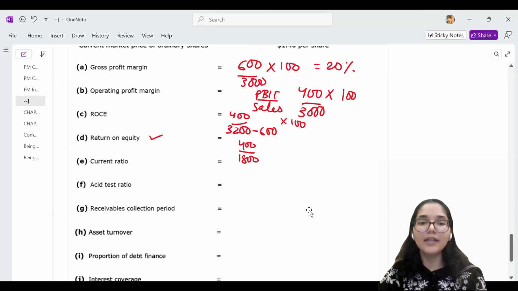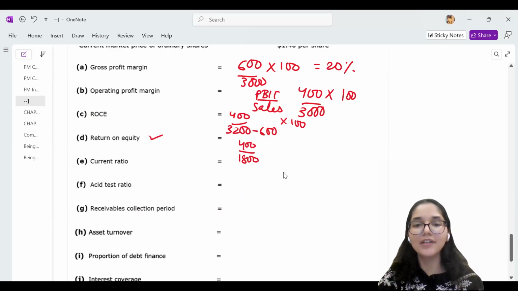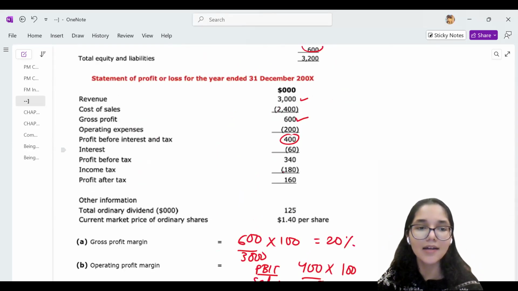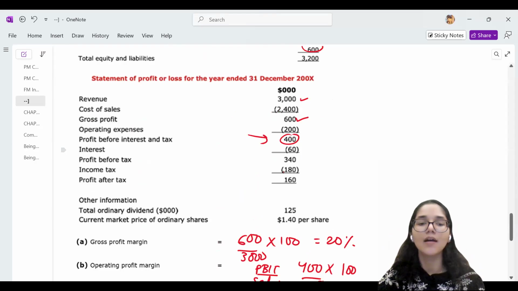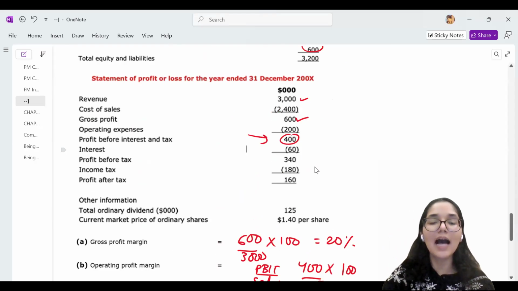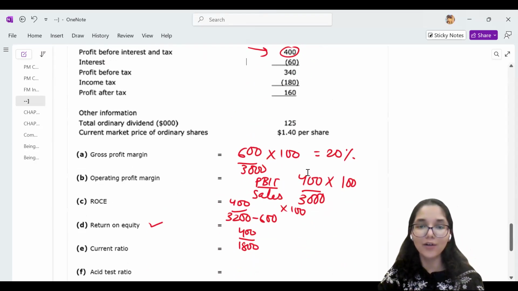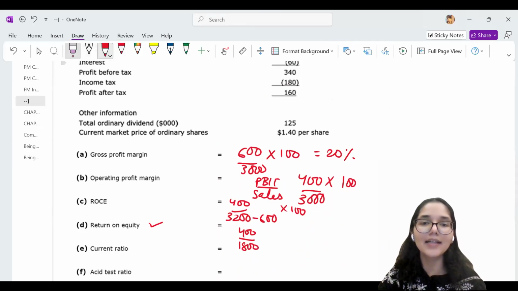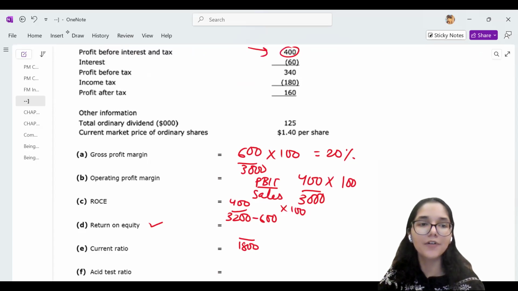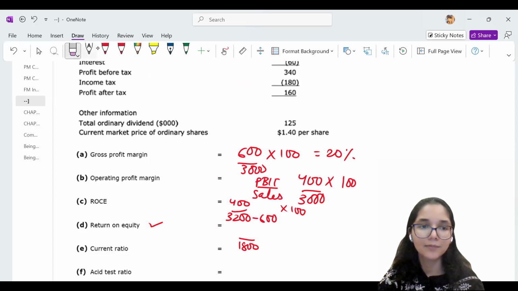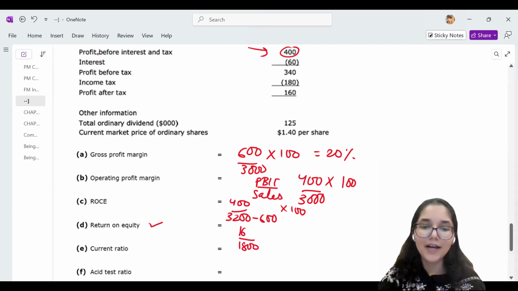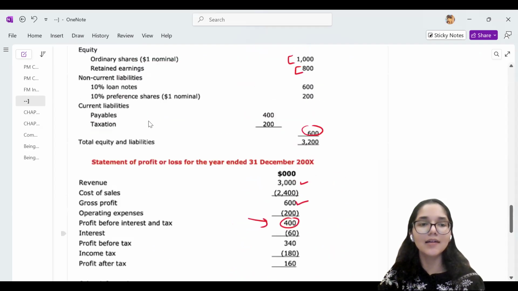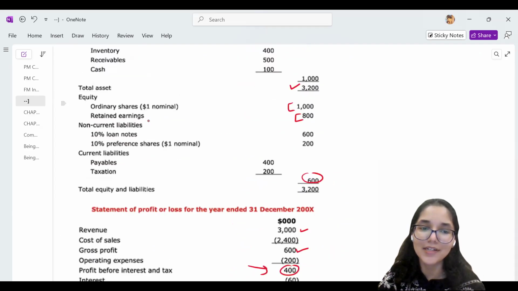Sorry, for return on equity, we've made a mistake. Nobody even corrected me. 400 is our PBIT, but for the return on equity, we take how much money is left for my shareholders. For my shareholders, I'm supposed to take the profit after subtracting each and everything possible. So profit after tax has been given to me at 160. But 160 also I cannot take as it is, because we can see in the balance sheet that there are preference shares also.